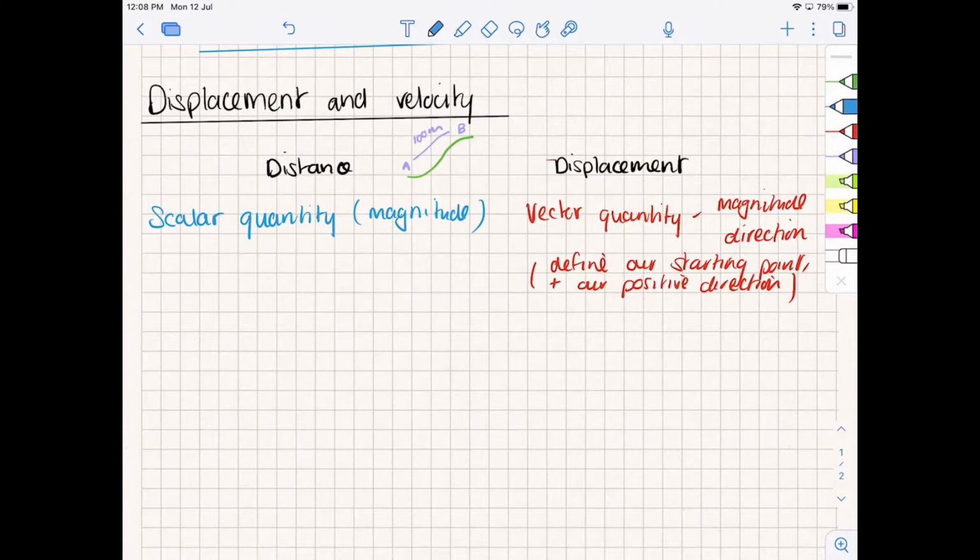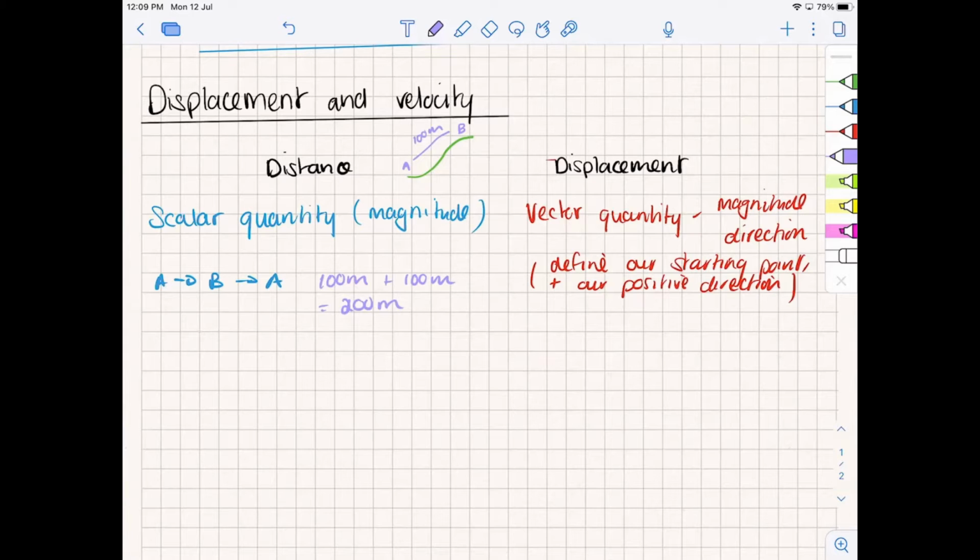So in terms of directions, if I go from A to B, back to A, right? If we talk about a distance traveled, we will just take 100 meters plus 100 meters, and my distance traveled would be 200 meters.